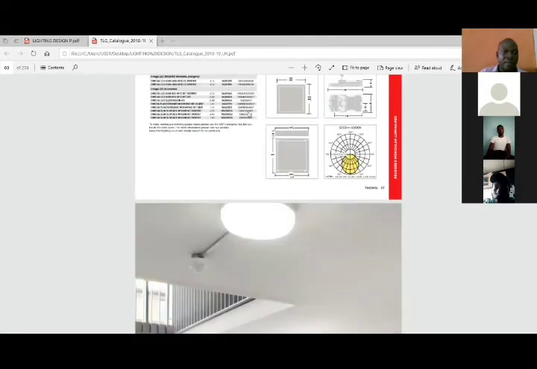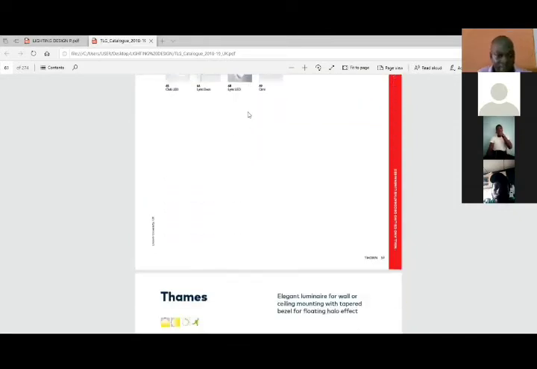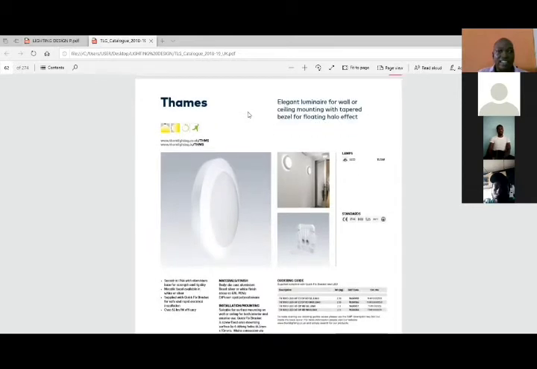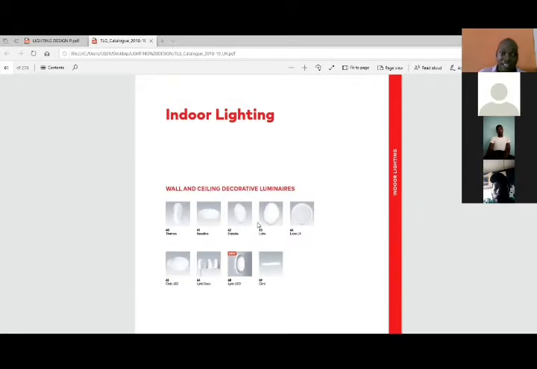So that's that. Now, this is exactly where I want us to pay attention. The classwork that we are going to be looking at now is actually a residential apartment. And these are fittings that were actually deployed. They refer to them as indoor lighting, wall or ceiling decorative luminaire.